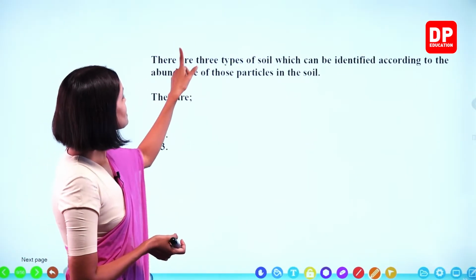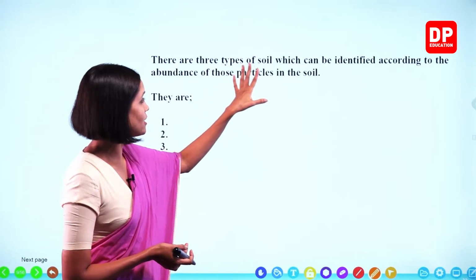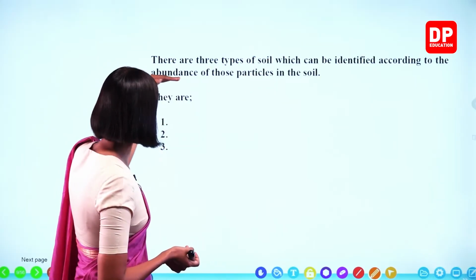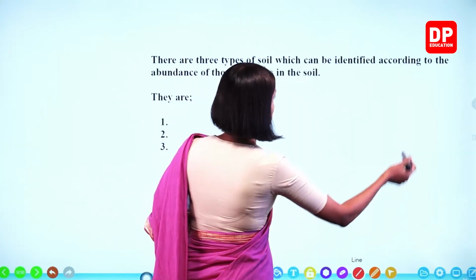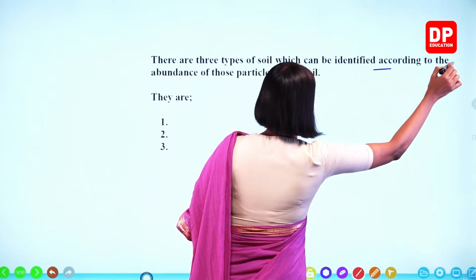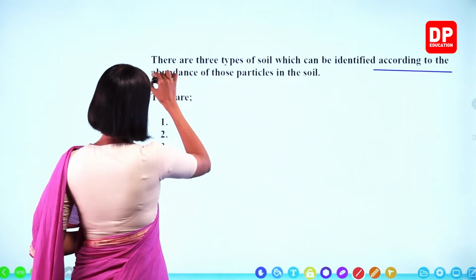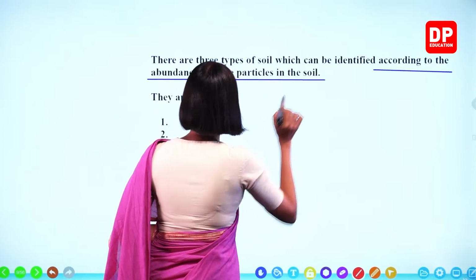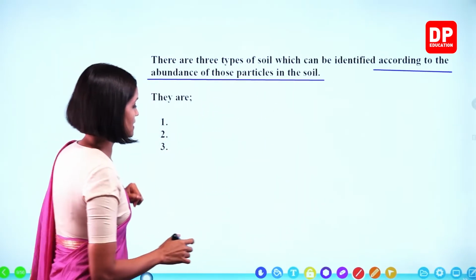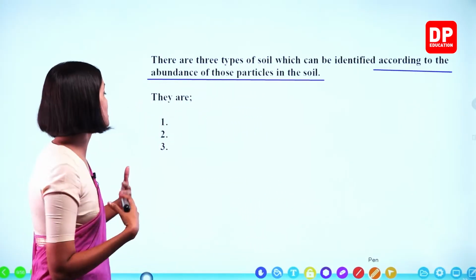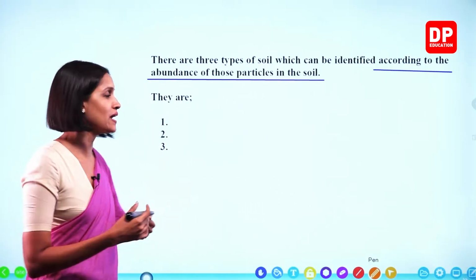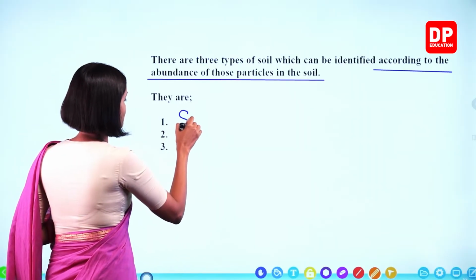There are three types of soil which can be identified according to the abundance of those particles in the soil, right? What are they? Remember, the soil with more sand particles is known as sandy soil.